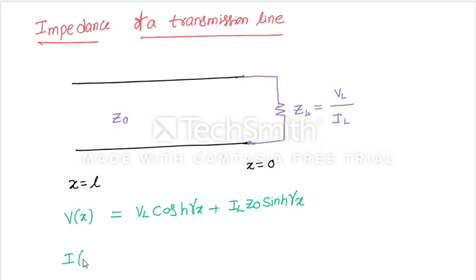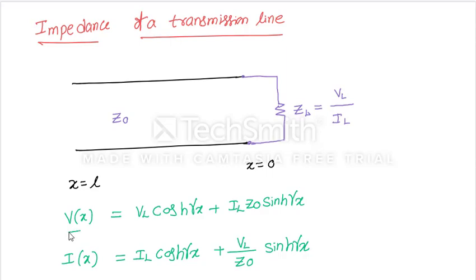Next, I of x is equal to IL into cosh gamma x plus VL by Z0 into sinh gamma x, isn't it? Right. So these are the expressions for voltage and current we have seen.